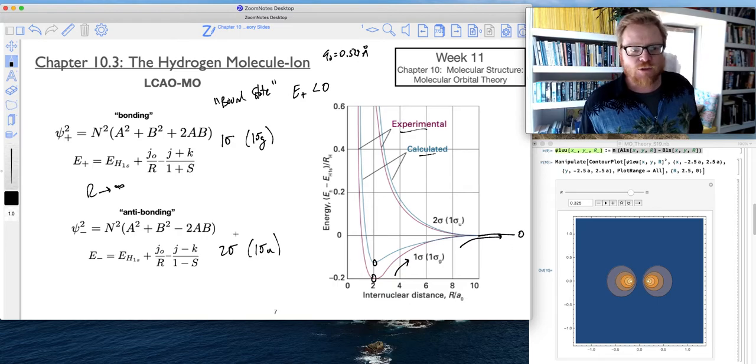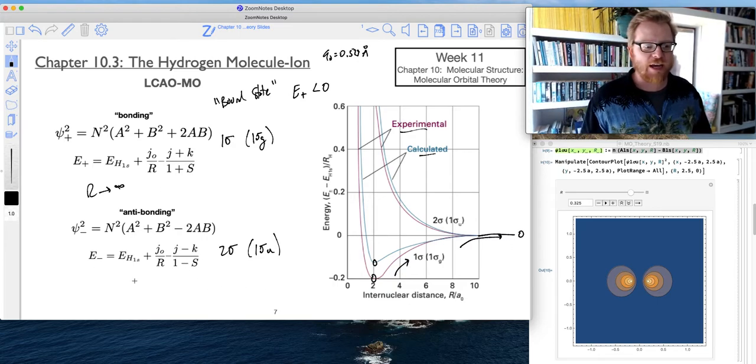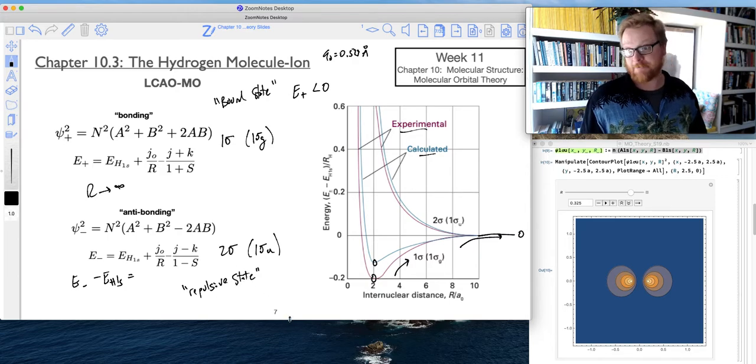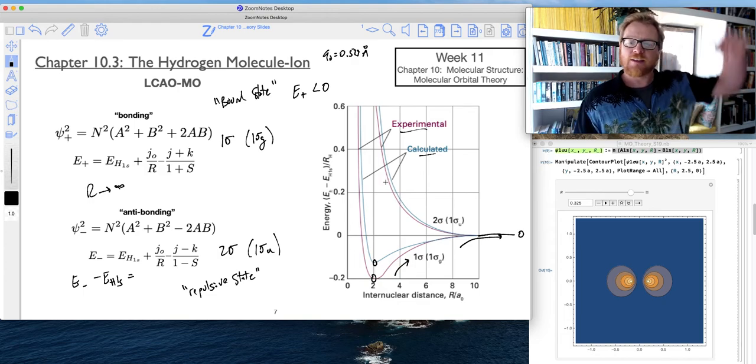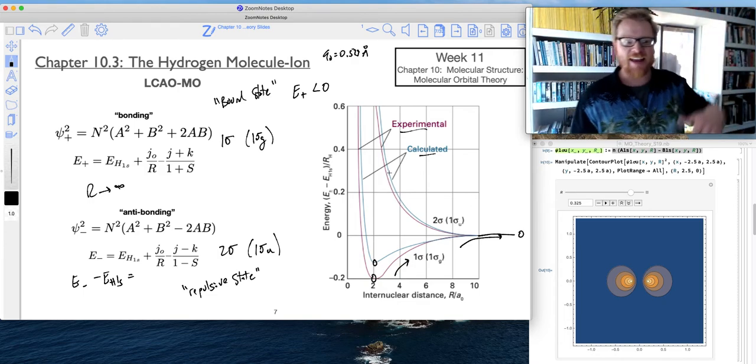Okay. So what about the antibonding state? Well, as it turns out, this equation right here, and of course, if I subtract over the energy contribution to the other side, like it says on the Y scale, then what I get here is what I will refer to as a repulsive state. So in other words, if you look at this, these are the values, these decaying values.